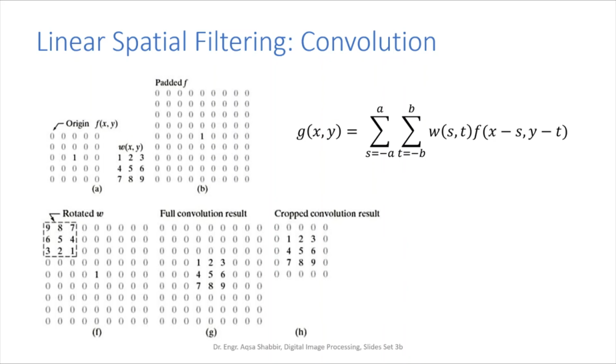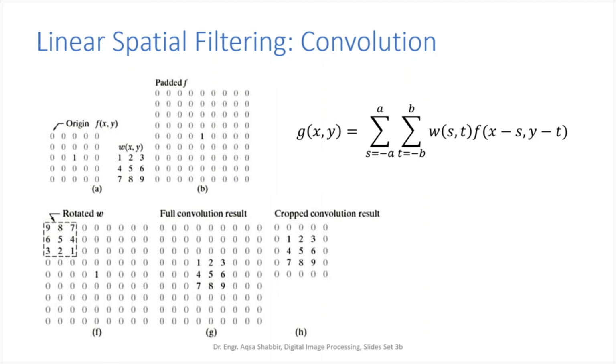The sum of products is obtained, and the full convolution result is presented in figure G. Further, the cropped convolution result is presented in figure H. The general equation for implementing or performing convolution is also given here in this slide.